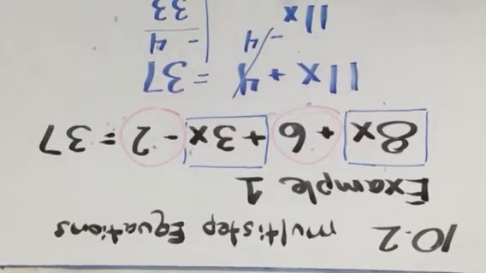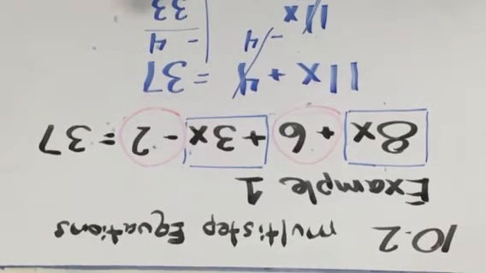From here, we ask what is happening to this variable. The variable is being multiplied by 11. Since we need to do the inverse operation, instead of multiplying by 11, we divide by 11 on both sides to isolate the variable and get rid of the coefficient attached to it. 11 divided by 11 leaves us with 1, or you could say they cancel out, and we're left with just x.